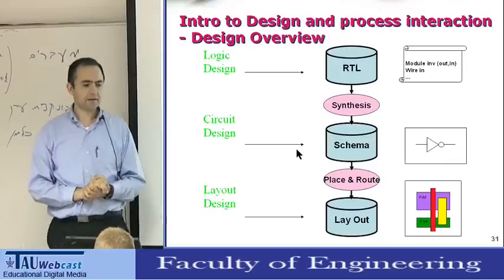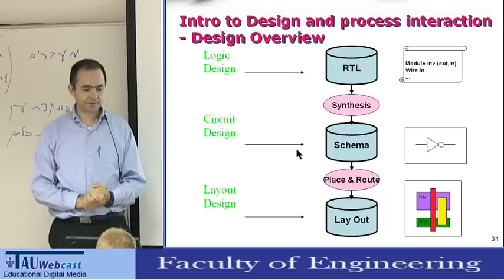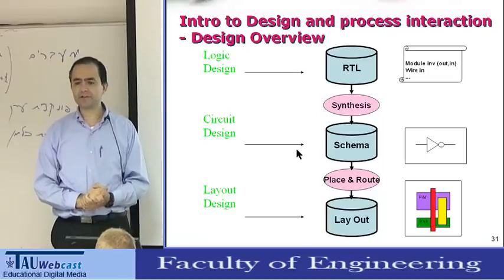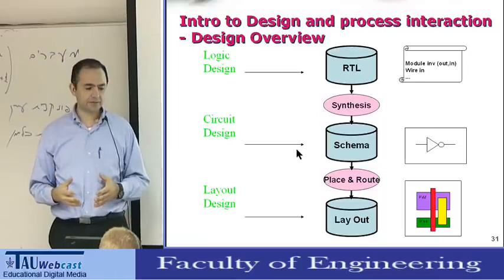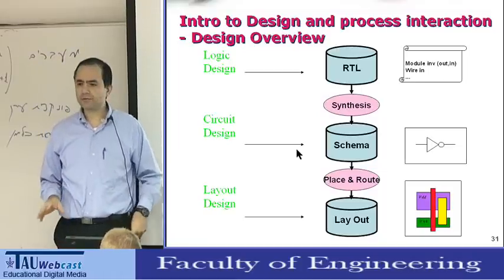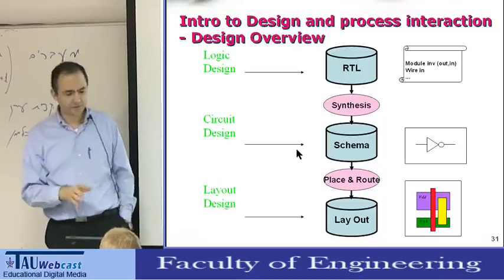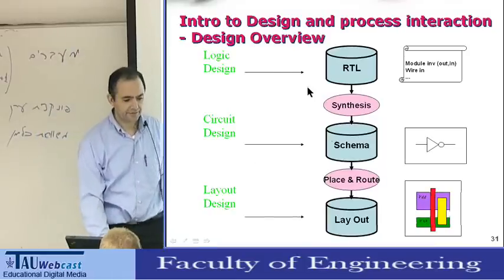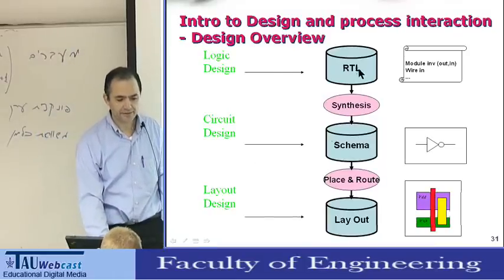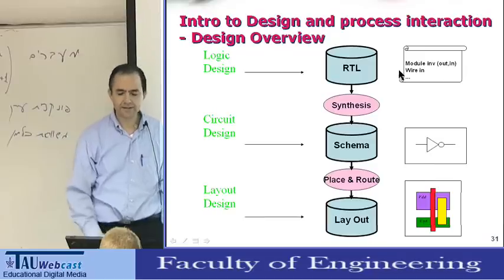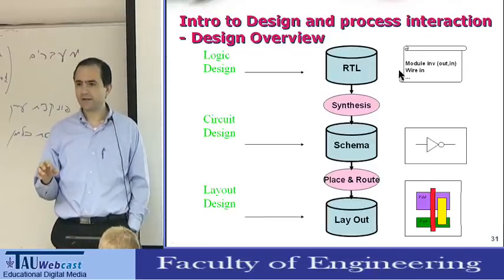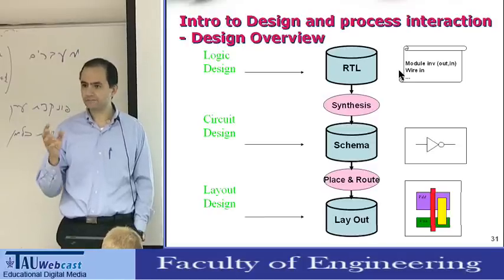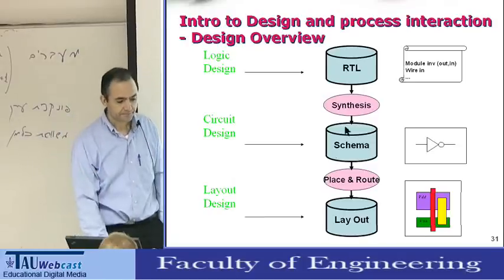Okay. So now the next chapter is the connection between the process and the design, the layout. Very, very briefly, I know you study a lot of this, so I'll just mention we have a logic design through an RTL. We get modules, for example, a register or a memory unit.